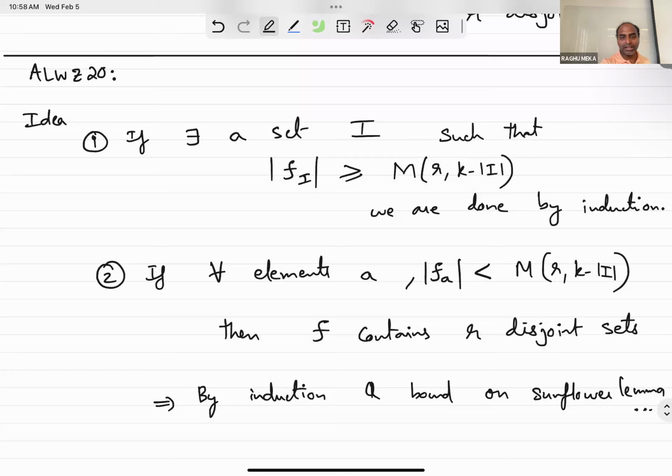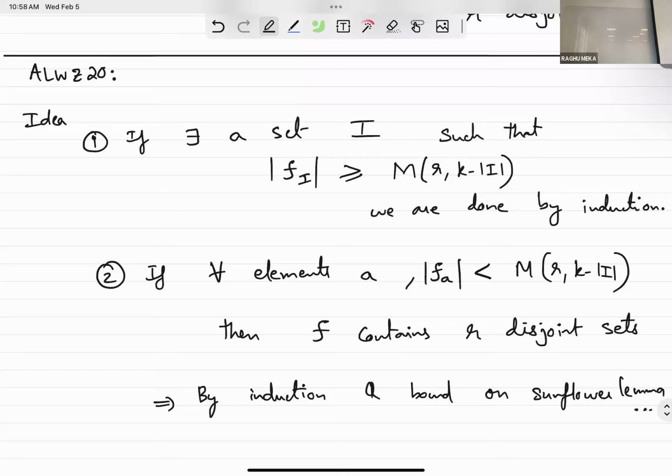Let's take a 5-minute break. And when we come back, we will focus on this exact step 2, which is where the hard stuff is, more or less. Like the first step is just induction, right? If there exists a set I such that that is true, you're done by induction. There's nothing to prove really. But when you cannot make that progress, that's when you have to show this, and that's where the heart of the proof is.